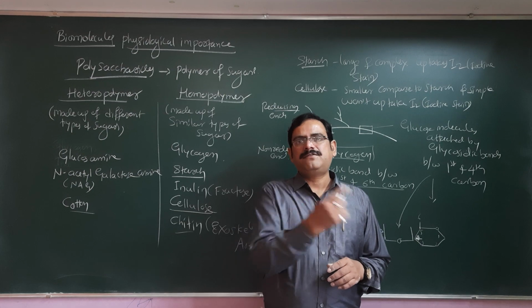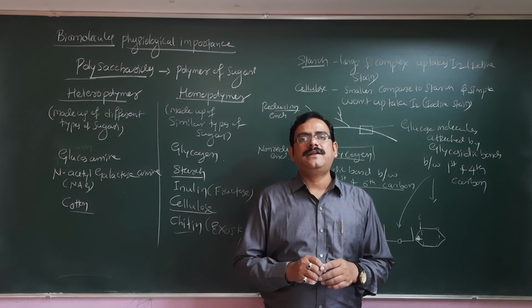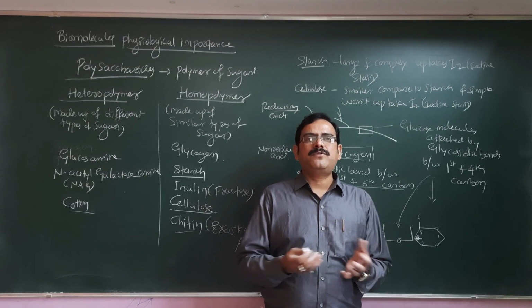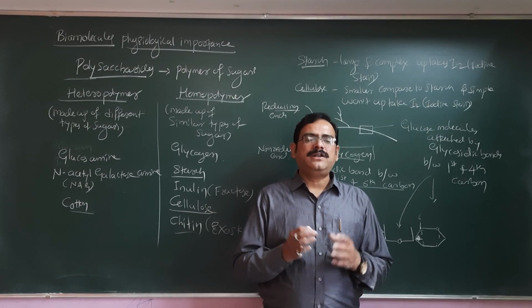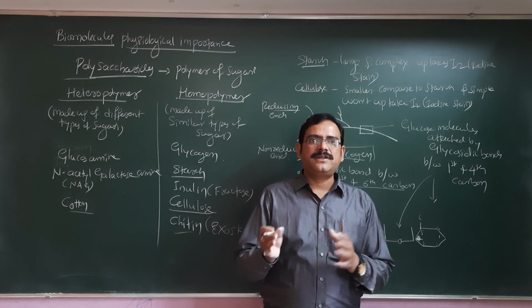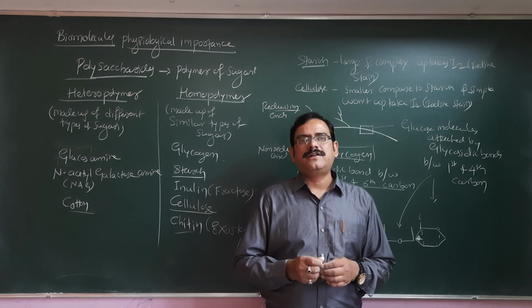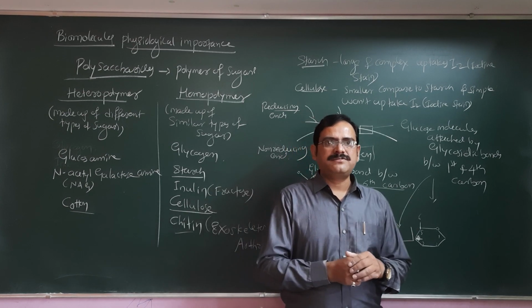When spirals start forming, it is secondary. Multiple spirals or helices, much more tangled like a woolen ball, is tertiary. Quaternary means multiple tertiary units together. The best example is hemoglobin, 2 alpha, 2 beta, which we have studied.